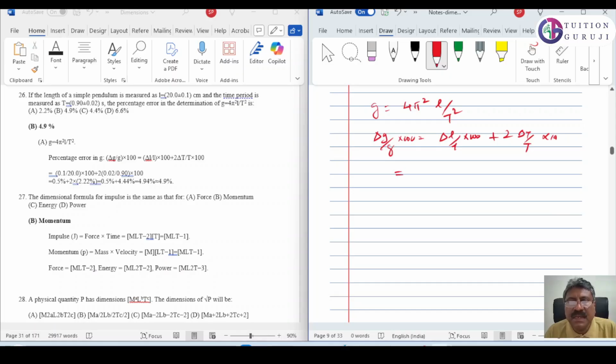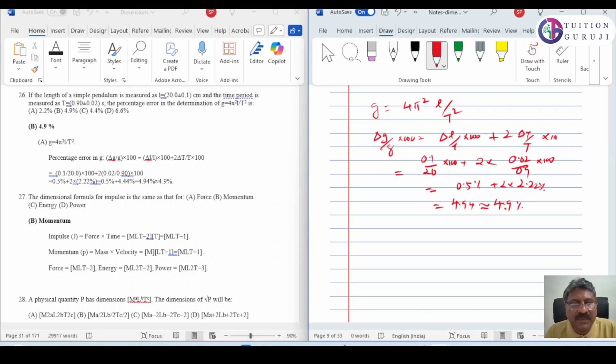L is 20 plus or minus 0.1, so 0.1 by 20 into 100 plus 2 into delta T, where delta T is 0.02 by 0.9 into 100. It will give 0.5 percentage plus 2 into 2.22 percentage, which is equal to 4.94, that is 4.9 percentage. So our answer is 4.9 percentage.